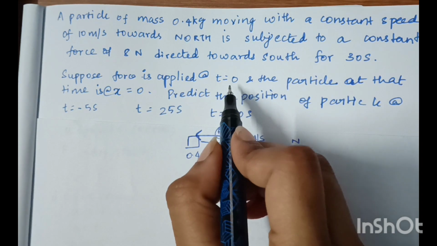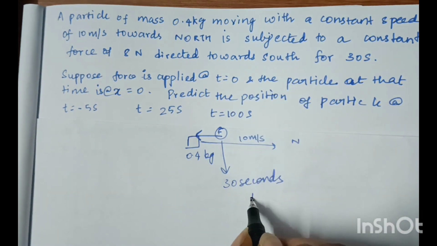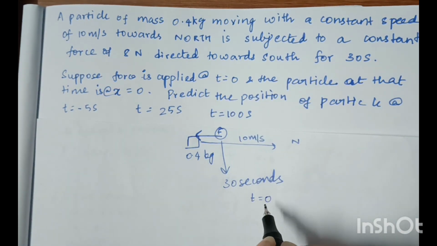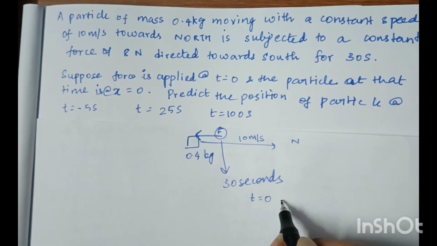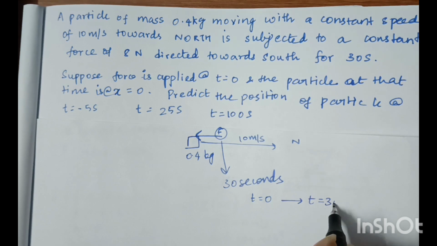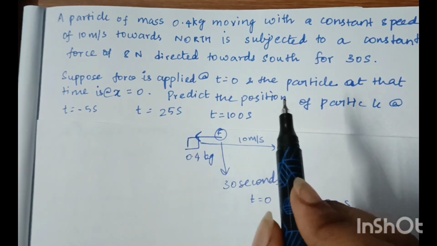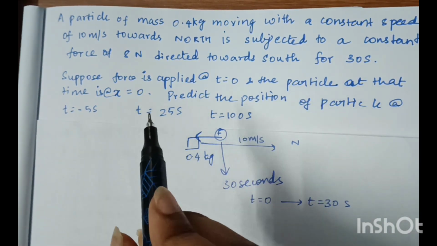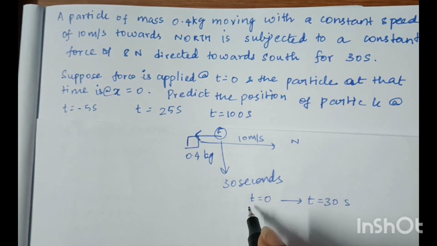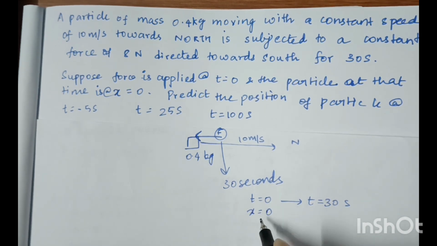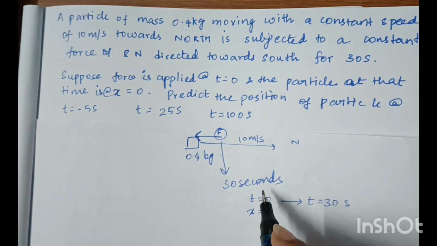Suppose the force is applied at t equals 0. So at t equals 0, the force starts to apply, and that means it is acting from t equals 0 to t equals 30 seconds. And the particle at that time is at x equals 0. So when t equals 0, x is also 0, and from x equals 0 the force is applied.